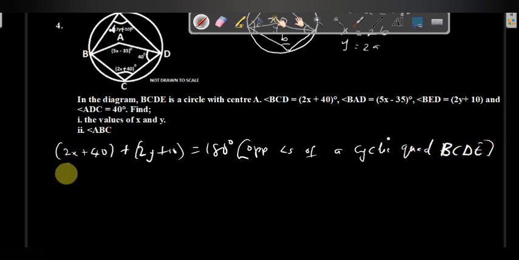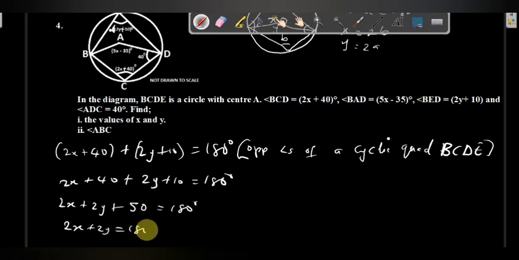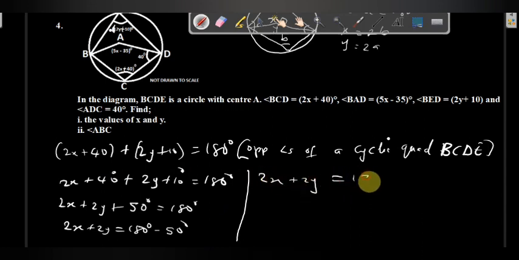So I have 2x plus 40 plus 2y plus 10 equals 180 degrees. So we have 2x plus 2y plus 40 plus 10, which is 50 degrees, equal to 180. So 2x plus 2y equals 180 degrees minus 50 degrees. So from here we can see that 2x plus 2y is equal to 130 degrees.